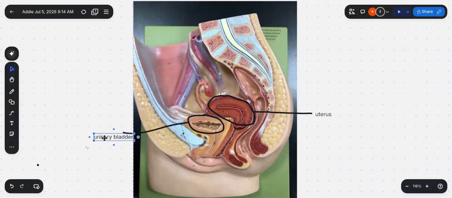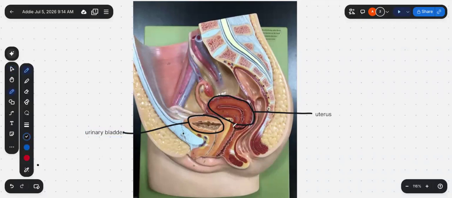Now, for the uterus, you have two kind of like openings. The first opening is this little part that is going upwards over here. That upwards part is known as your fornix.